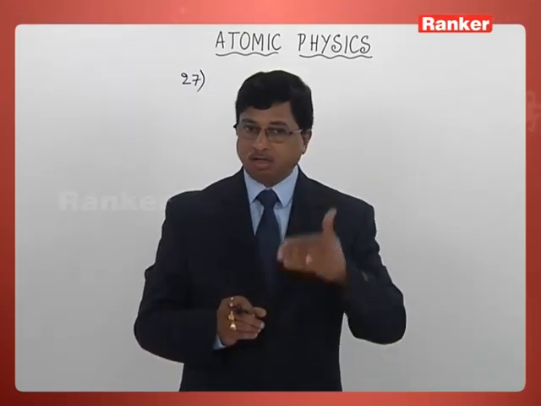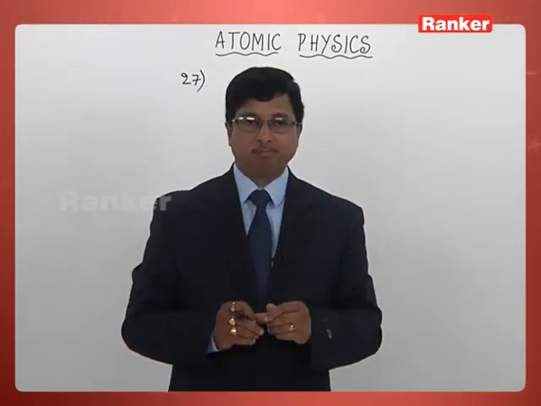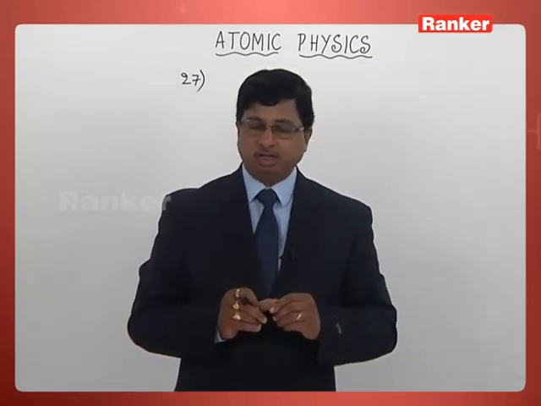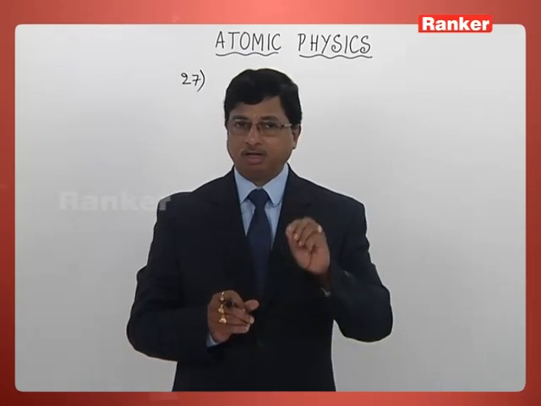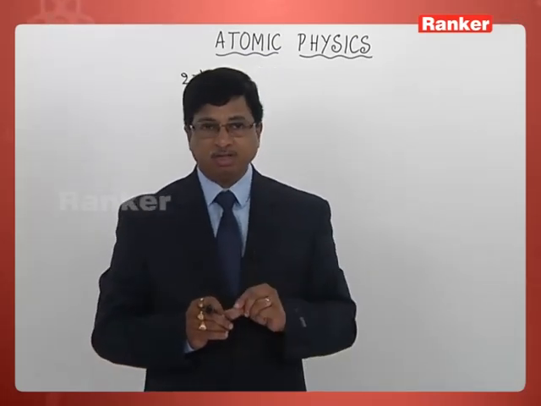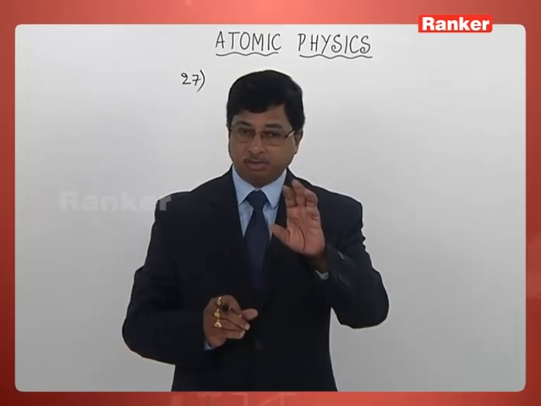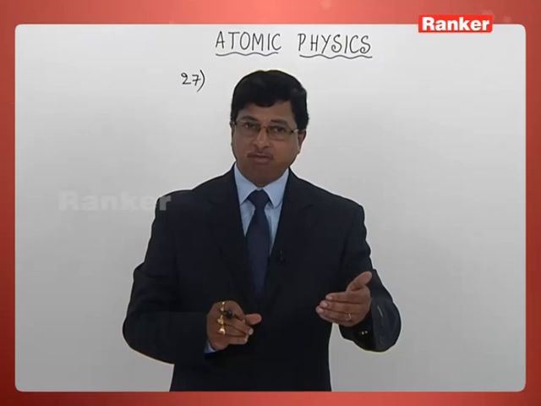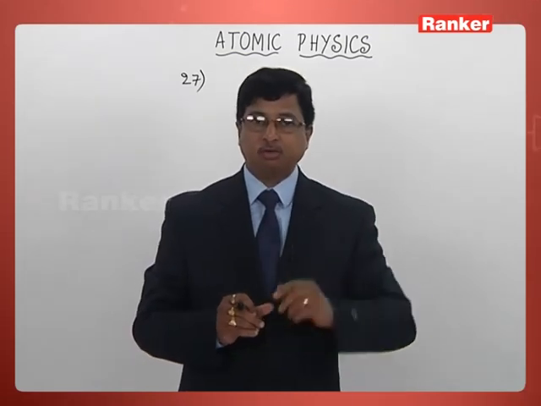That means a particle can behave like a wave. Same is the case the other way also. So you can understand a particle like a proton, like an alpha particle in this particular problem, can have wave nature with certain wavelength lambda also.